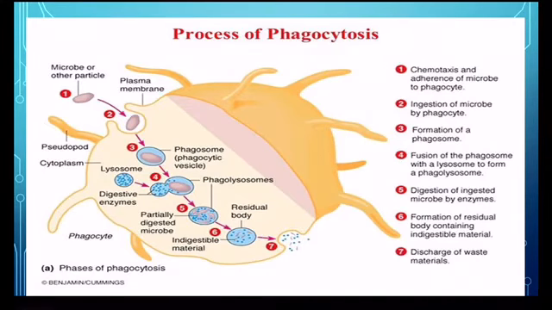That movement of these phagocytes towards these chemical molecules is called chemotaxis. Chemotaxis is the movement of phagocytes towards the chemotaxins. What are chemotaxins? They are the inflammatory molecules produced by the bacterial products or the injured tissue.